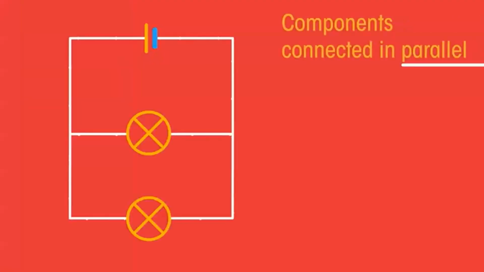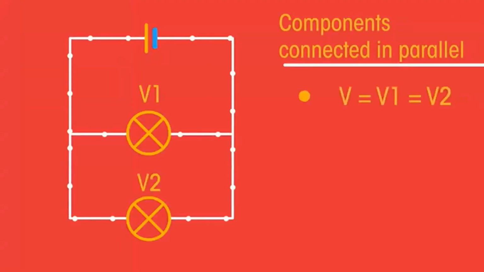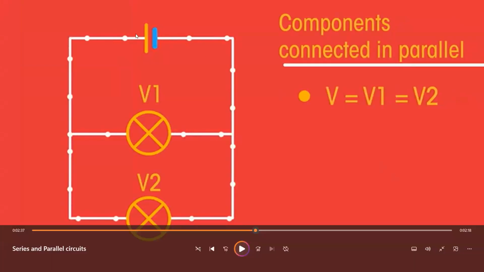For components connected in parallel, the voltage or potential difference across each component is the same. Let's see why. Those coming from the main battery going to the first one will deliver all the voltage they took, because they must go back to the battery empty-handed. I will only pass by one component, but I need to give all the voltage I have in order to go back and take new voltage.